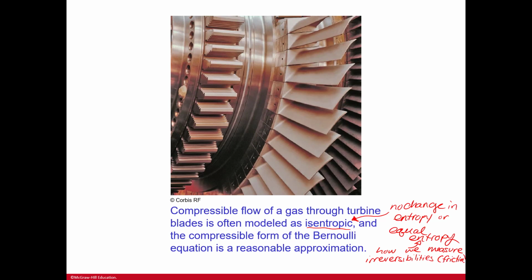If something is isentropic, it's going to be associated nine times out of ten with an ideal version, because an ideal version of something negates all of those irreversibilities, such as friction. And the way that we do account for irreversibilities is through entropy.